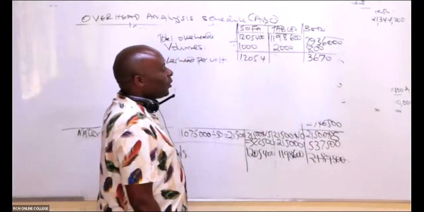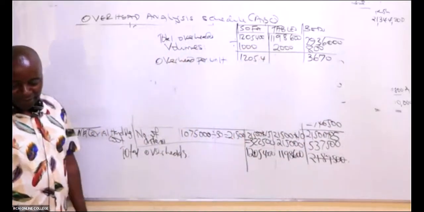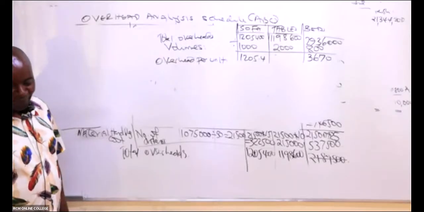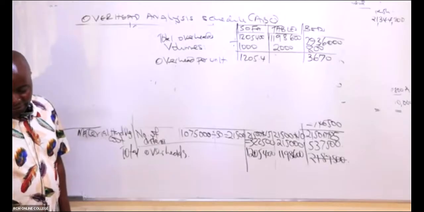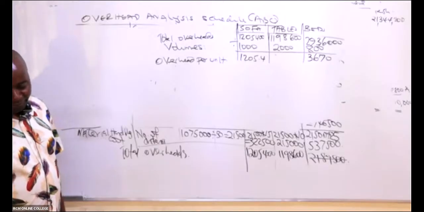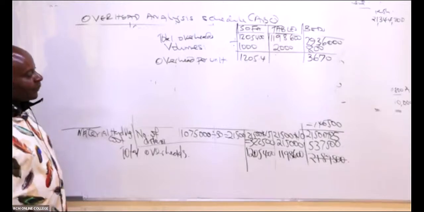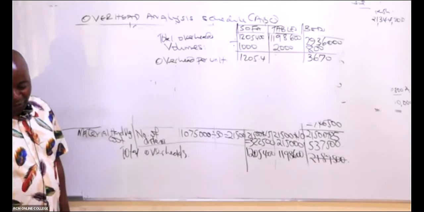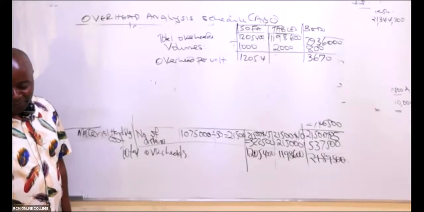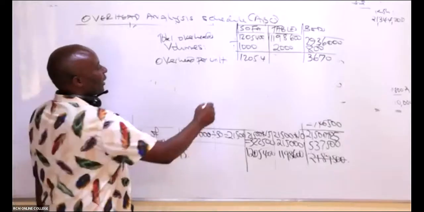How about the tables? 29,000, 36,000. So tables. Why online students, I can't hear you at all. 599 point.